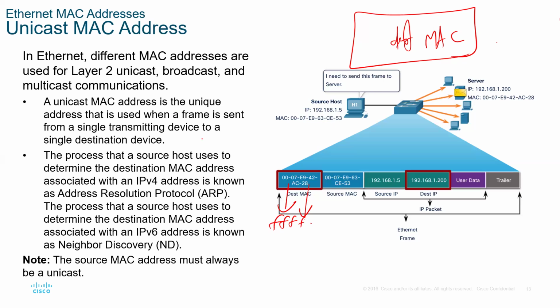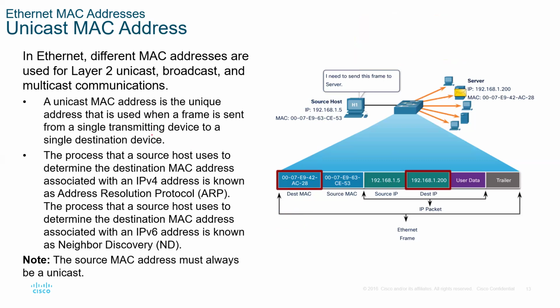A unicast MAC address is unique. That is used when a frame is sent from a single transmitting device. Okay. The process that a source host uses to determine the destination MAC associated with an IPv4 address is known as ARP. We already introduced ARP, Address Resolution Protocol.